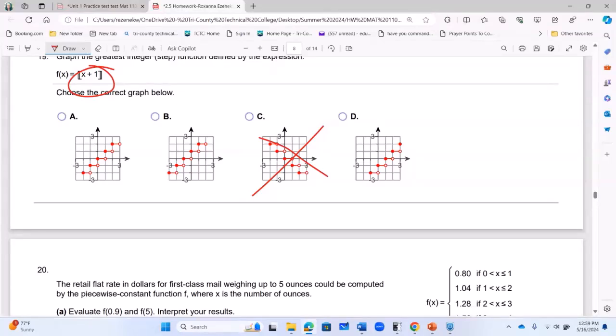If it is positive, it's shifted to the left. If the transformation is negative, shifted to the right. If the transformation is positive, shifted to the left.